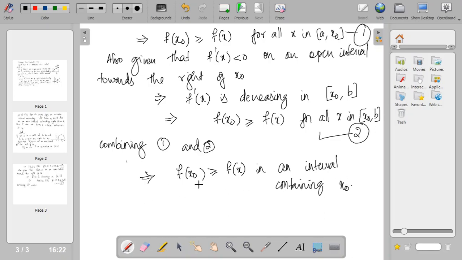And now you can see that if f of x naught is greater than or equal to f of x in an interval containing x naught, this means x naught is a relative maximum.